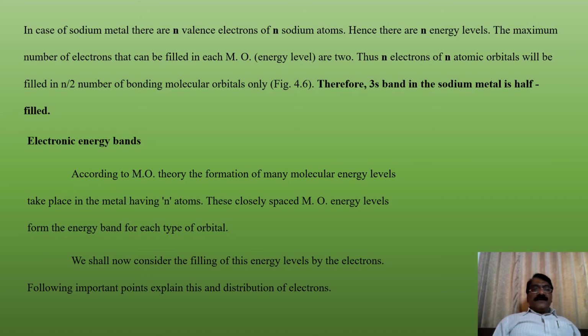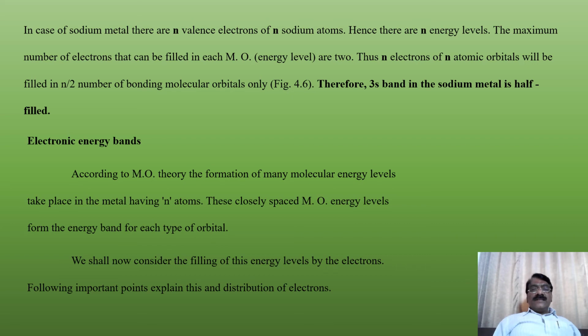Now we are going to see how electronic energy bands are formed. According to molecular orbital theory, the formation of many molecular energy levels takes place in a metal having n atoms.